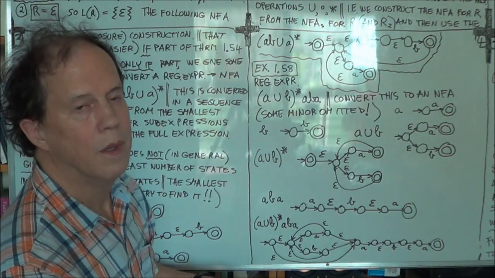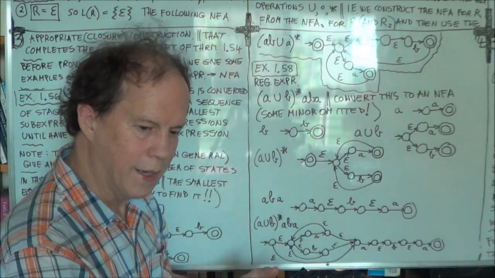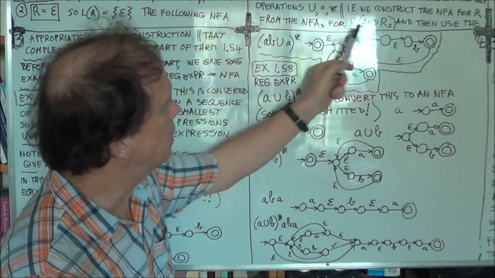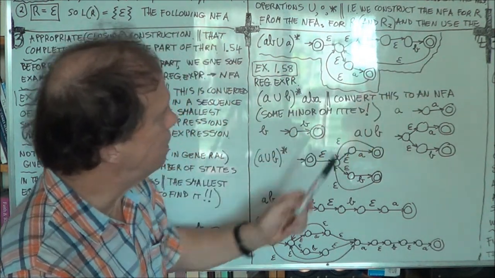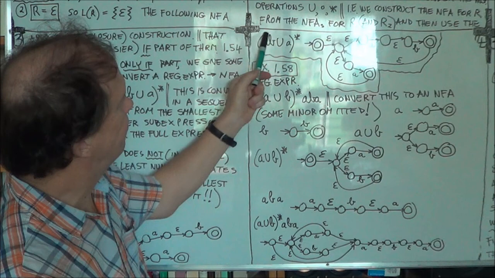That will give you the result of the star of your NFA. Right? So there it is. In other words, that is the NFA that's equivalent to this regular expression.